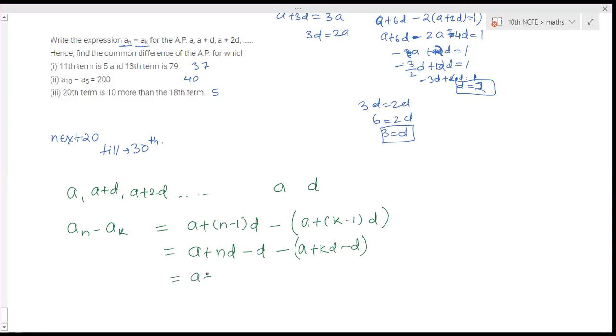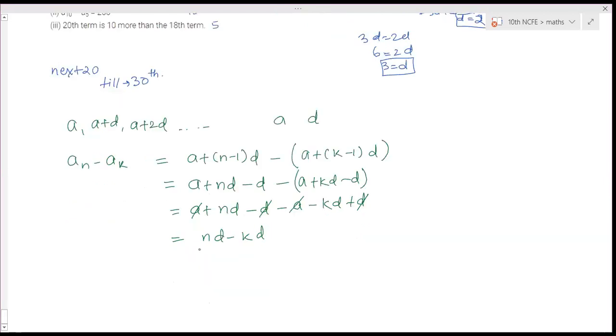Open the bracket: a plus nd minus d minus a minus kd plus d. Minus d plus d cancel, minus a plus a cancel. What you got is nd minus kd. So n minus k into d is equal to an minus ak.